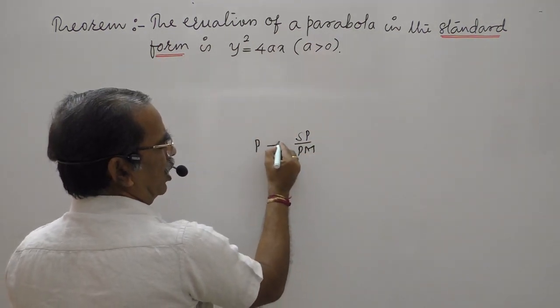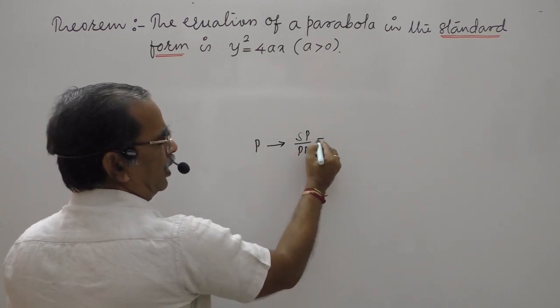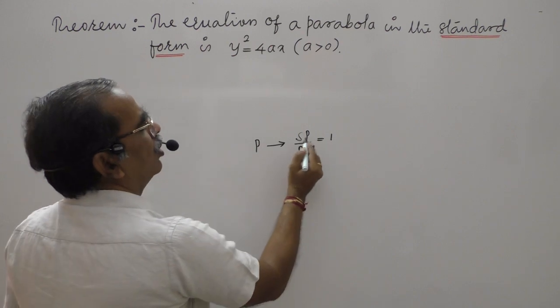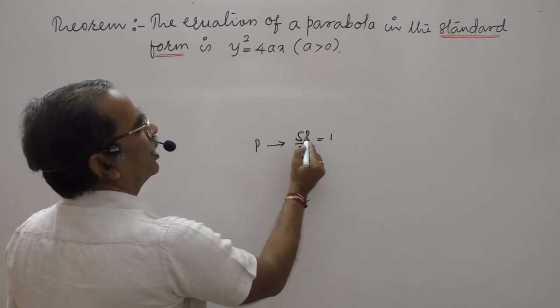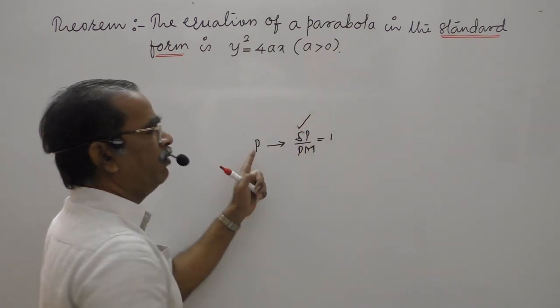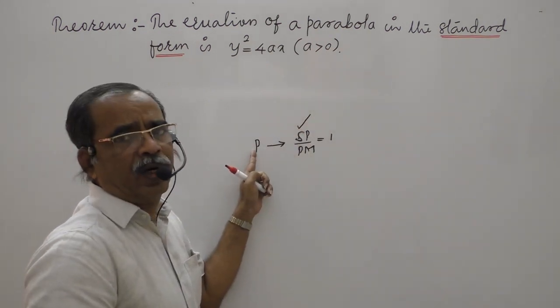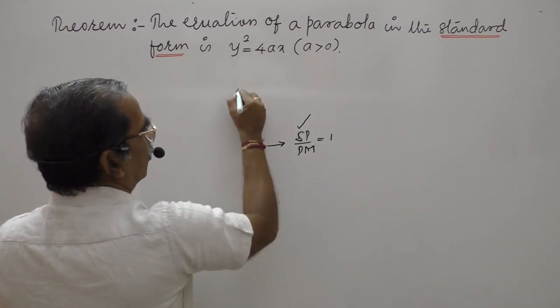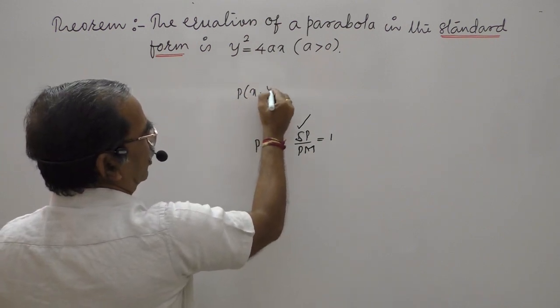It is the locus of a point P satisfying this condition. To find the SP distance, we need S. P will be there already, because we are finding the locus of P, therefore we will take capital P as (x1, y1).